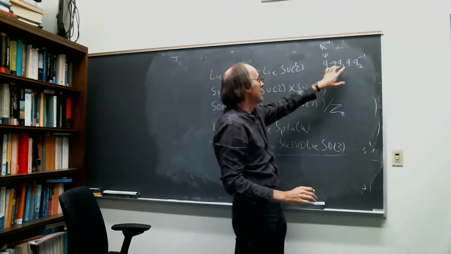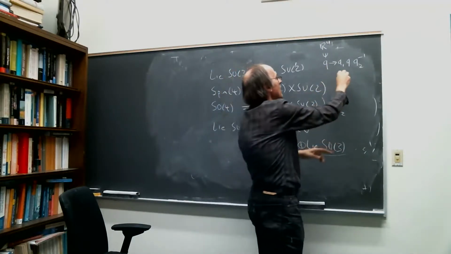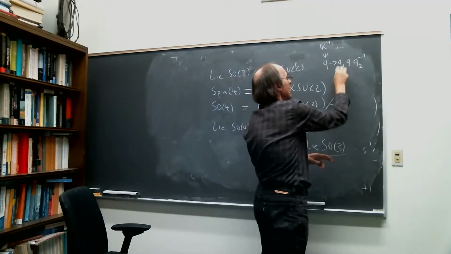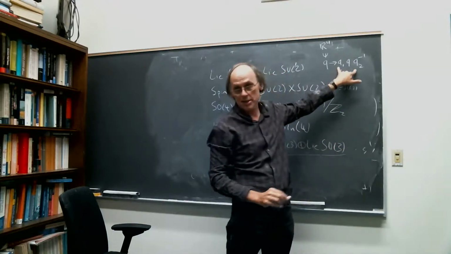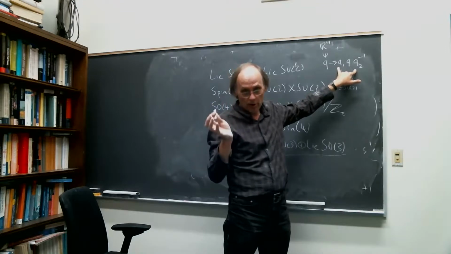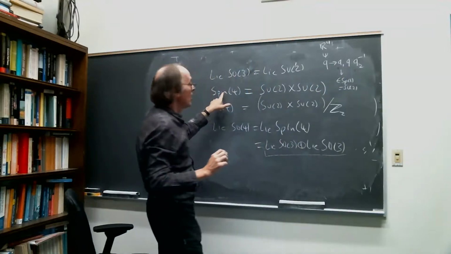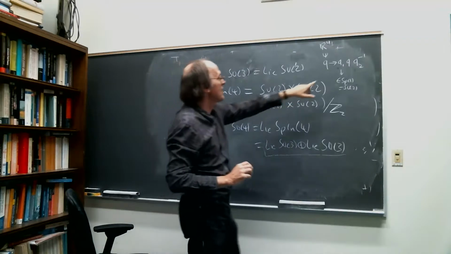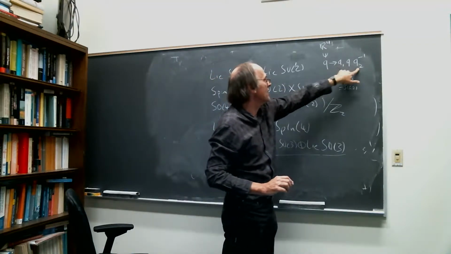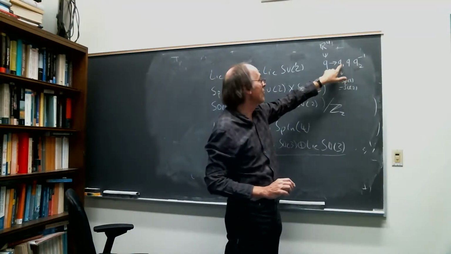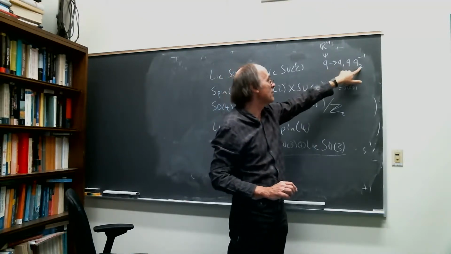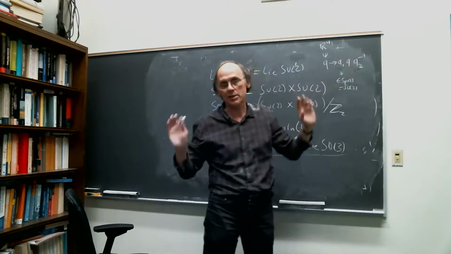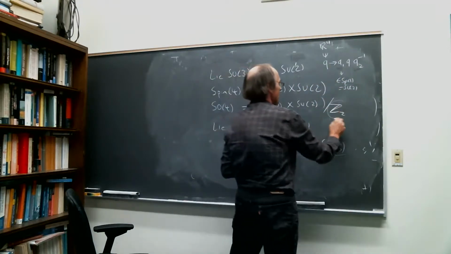These guys are unit length, so they're elements of Sp1 or SU2. So a pair of quaternions gives you a rotation. But there's a little bit of double counting here, because if you multiply this one by -1 and this one by -1, you'll get the same rotation. So that's where this comes from.